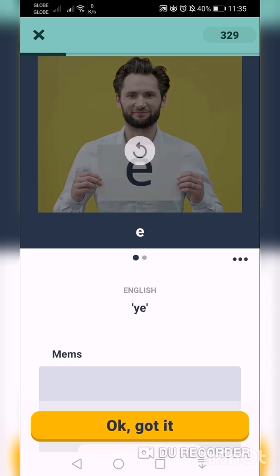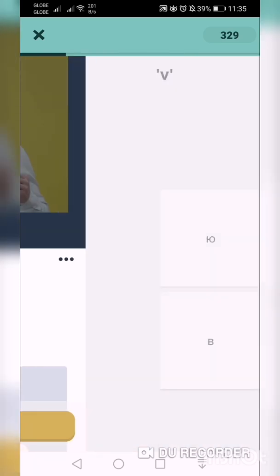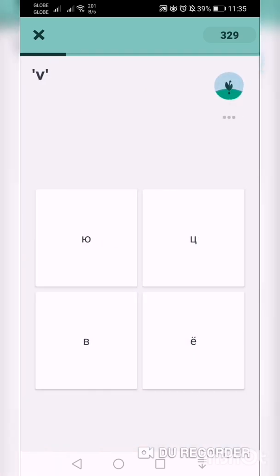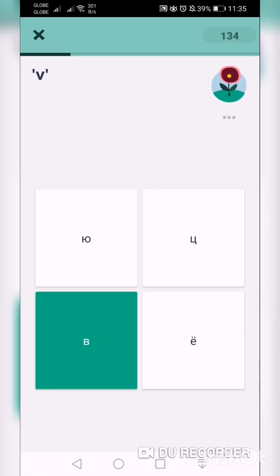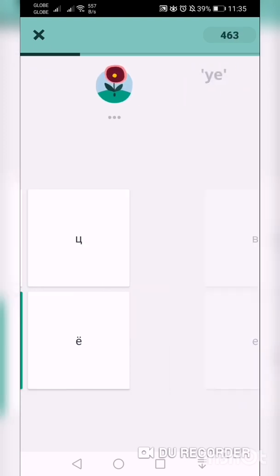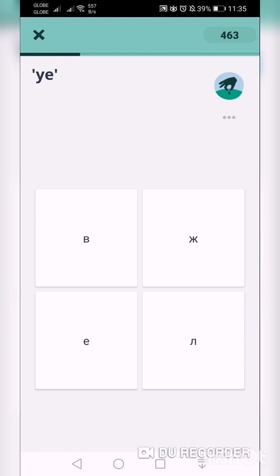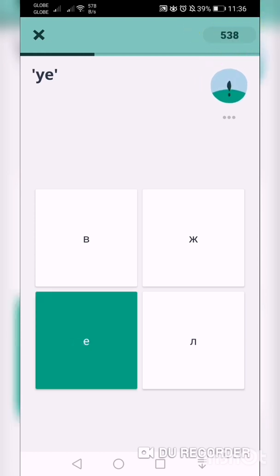If it is unstressed, I believe it will have more of an ee sound, but we'll find out later on. Okay, V is the letter B. В. V. Yeah. Е. Yeah.